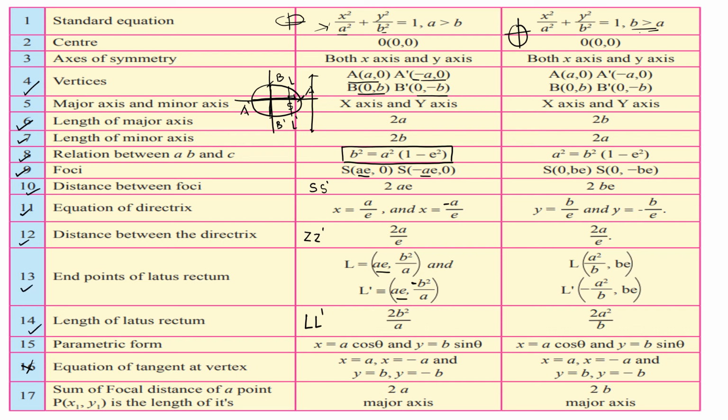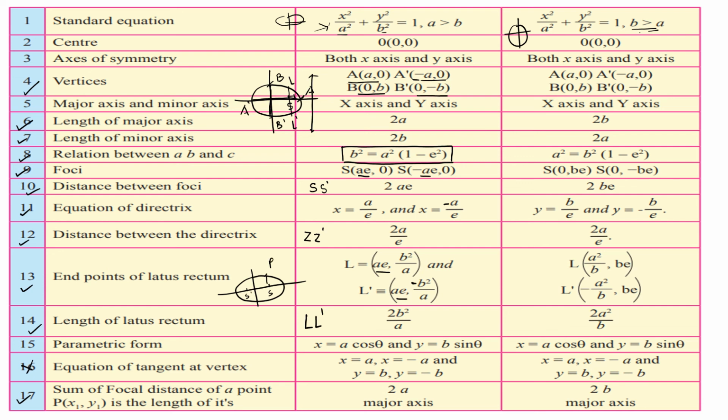Now let us move on to the next, the 17th point. Very important. Let us say any point P on the ellipse. I'll draw the ellipse again. This is S, this is S dash.